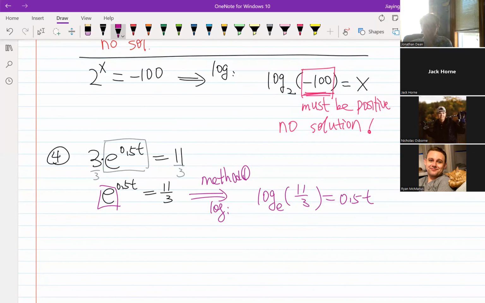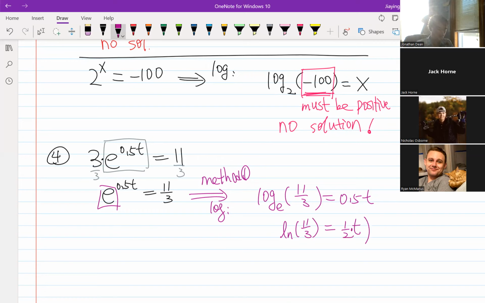And now we just rewrite the left side, which is the natural log. The log base e is the natural log of 11 over 3. To make it easy, I'm going to rewrite 0.5t as 1/2 t, since fractions are a little easier to work with at this point. And we're going to multiply by 2 on both sides to isolate the t.